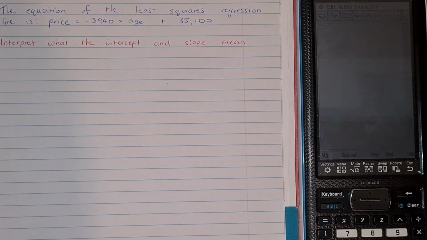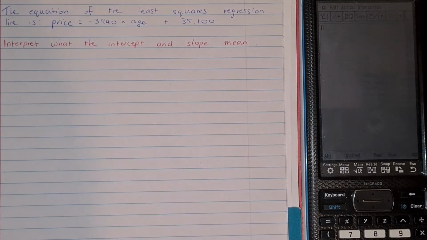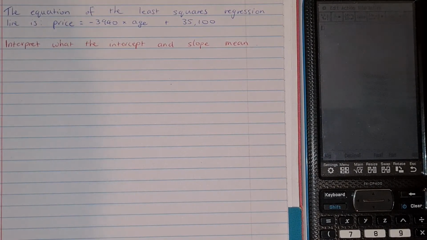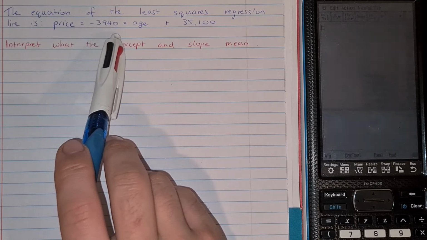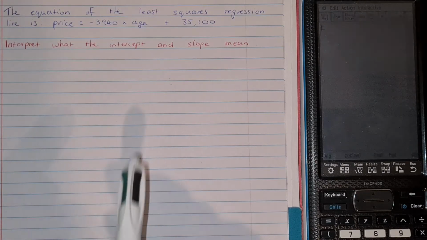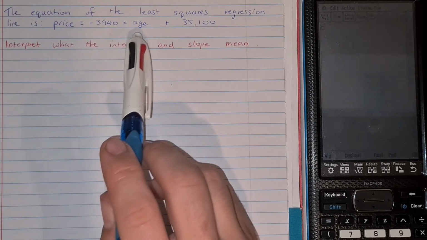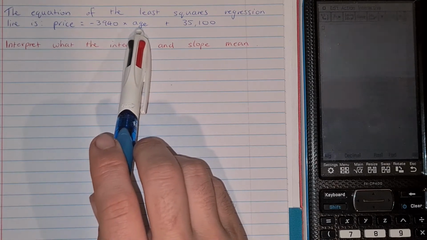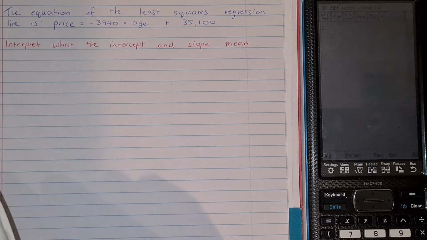The next part of our regression analysis is interpreting what the intercept and the slope mean. Let's start with the slope. So we've got our slope as negative 3,940. What this means is, for every year that goes by, so for every time the age goes up by 1, the car's price is going down by 3,940.